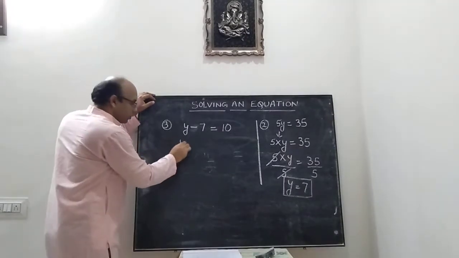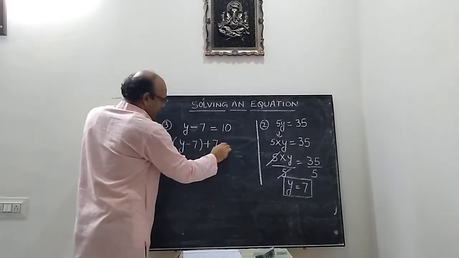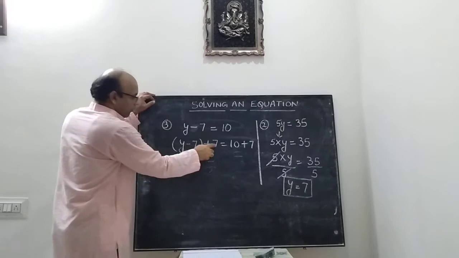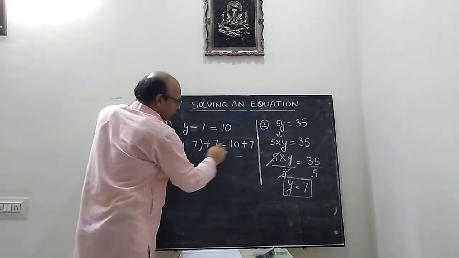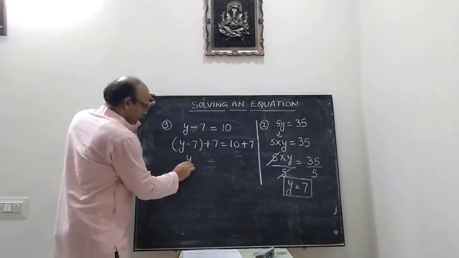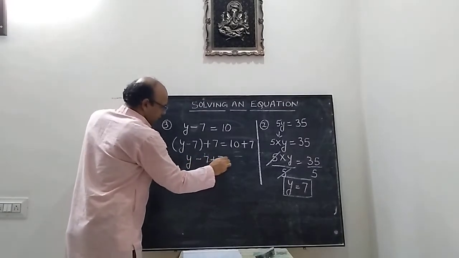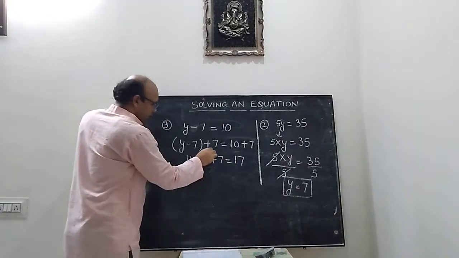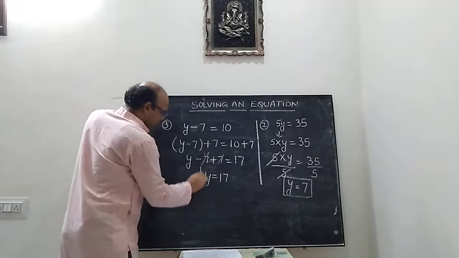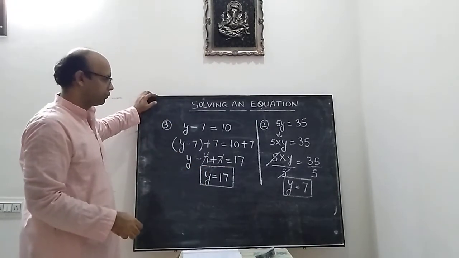We have to add 7 to it. So we add 7 to 10, and whatever we do, it has to be done on both sides. This is very important. So y minus 7 plus 7 is equal to 17. 7 and 7 cancel out, so y comes out to be 17.